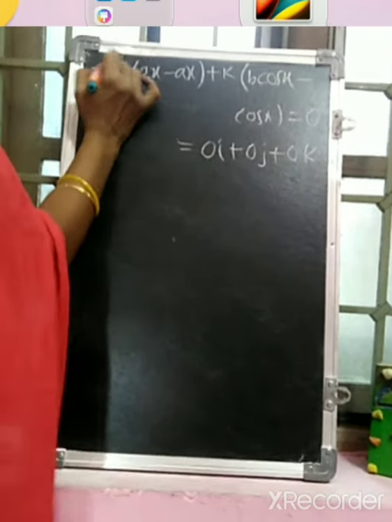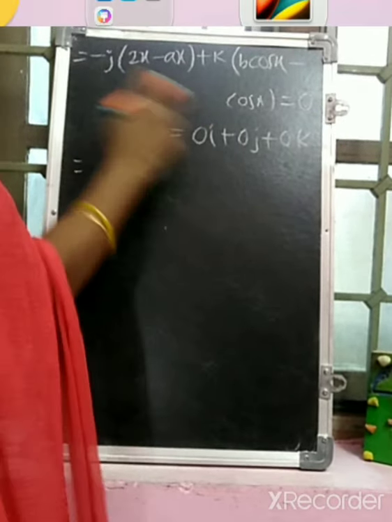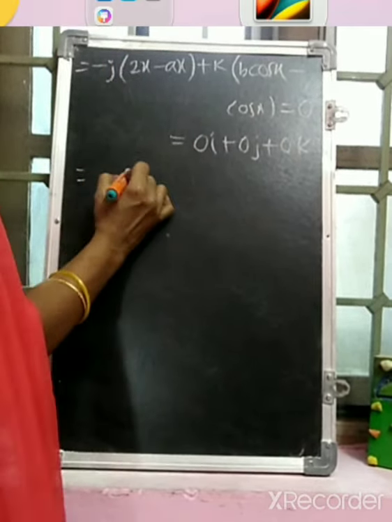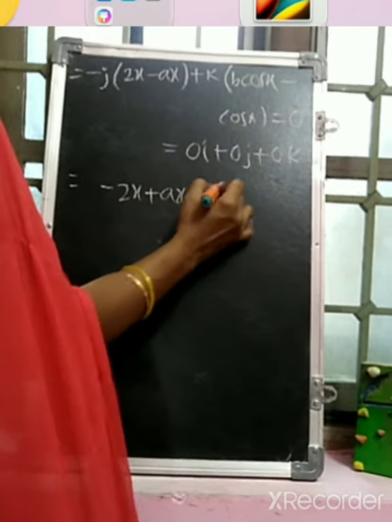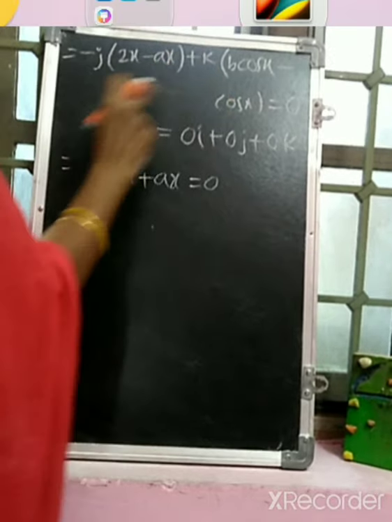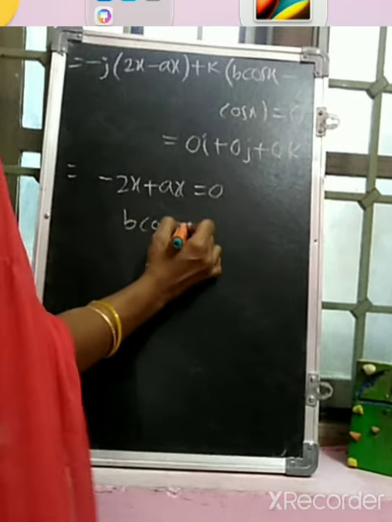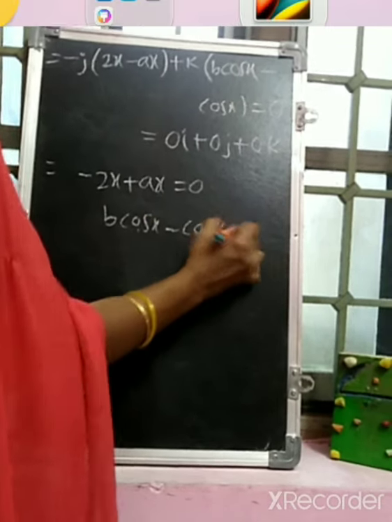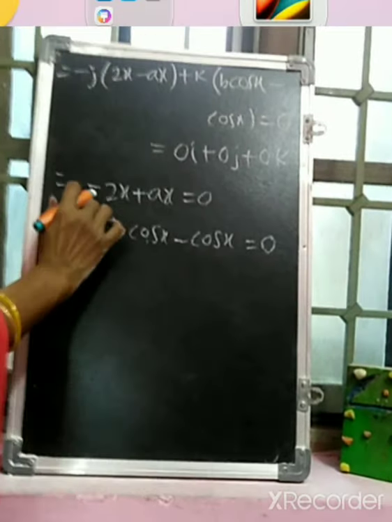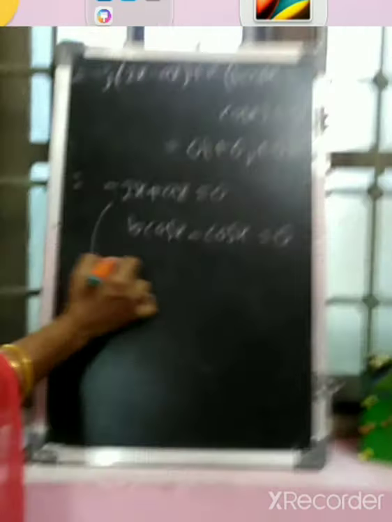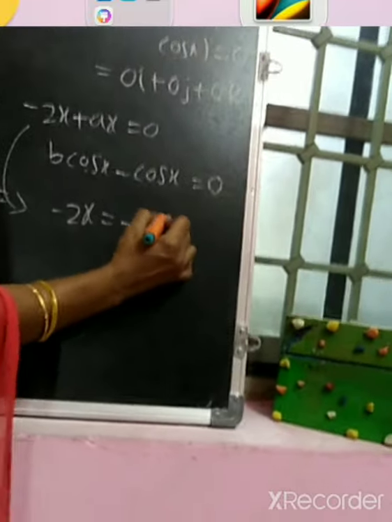We compare both sides. For the j component, minus 2x plus ax is equal to 0, and for the k component, b cos x minus cos x is equal to 0. So minus 2x is equal to minus ax.